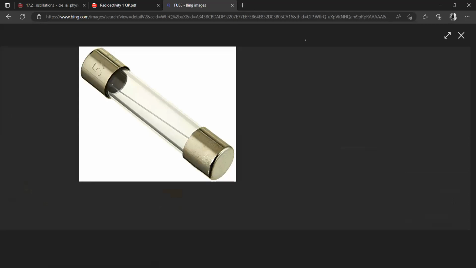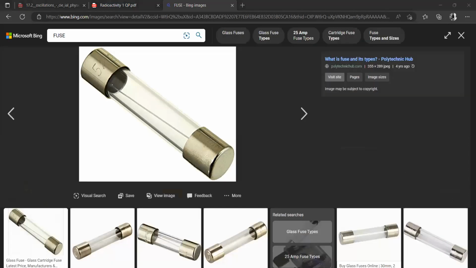You can see that this is the real picture of the fuse, right? There is nothing special in the fuse, just a thin wire in the center, and the outer wall is made up of glass. And these ends are conducting material, or a metal you can say, because we need to connect it into the electrical circuits.